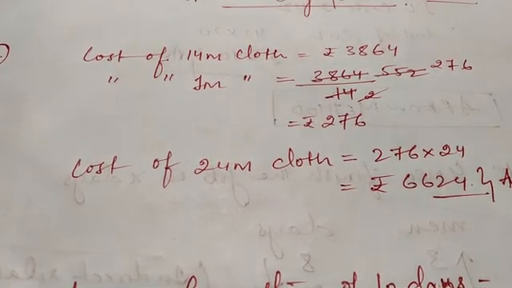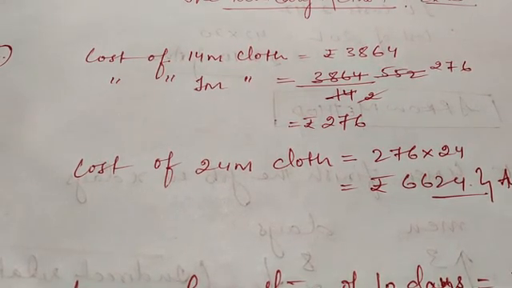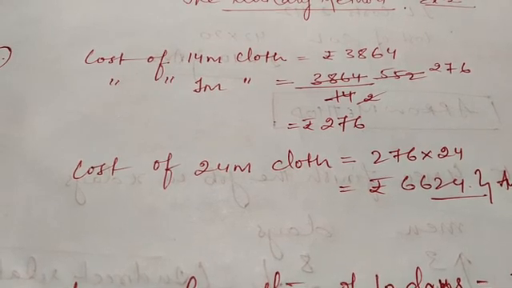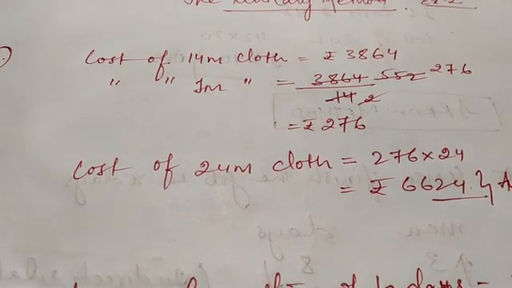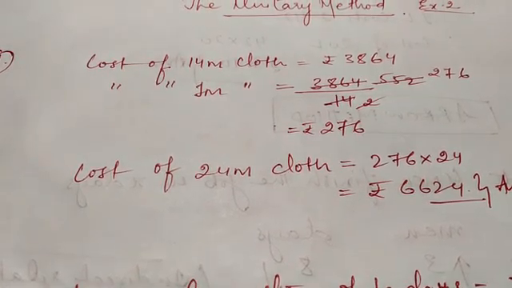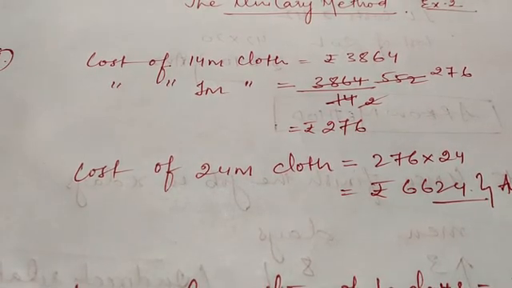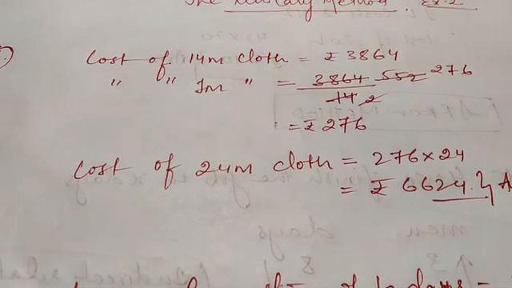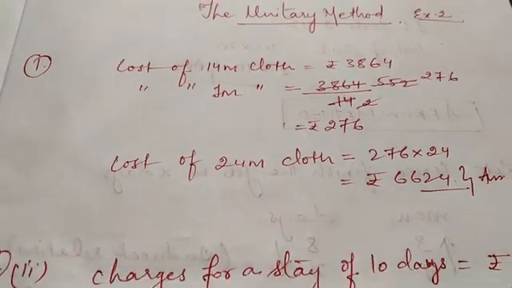So when we increase the quantity, then we have to multiply. And when we are decreasing the quantity and finding the cost, then we have to divide. Or else you learn that to find the quantity of 1 meter or 1 of any given object, we always divide, and to find the quantity the question is asking, we multiply it.